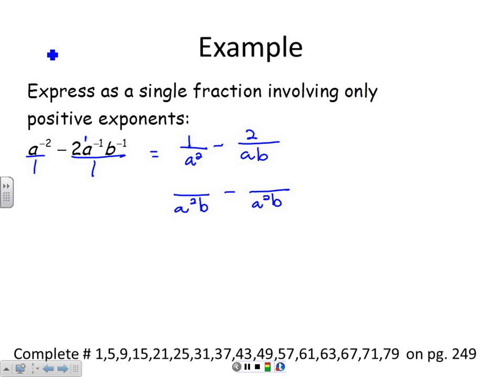So to make this fraction look like this fraction, I need to multiply the top and the bottom by b. So I'm going to have b over a squared b. And to make this fraction, the denominator, look like this denominator, I need to multiply by an a on top and bottom.